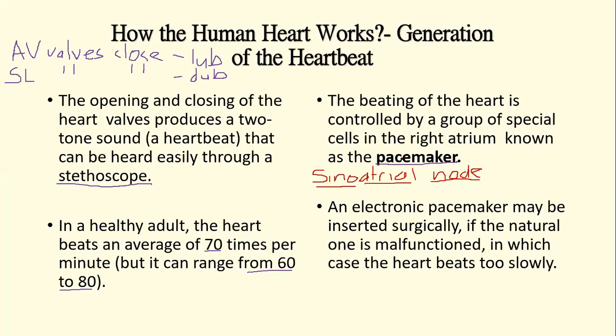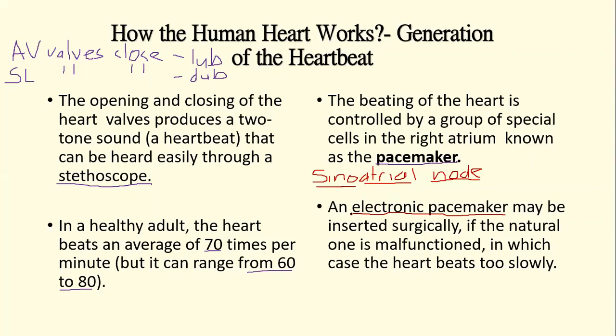Now, in some persons, this pacemaker becomes faulty. It malfunctions, and the person has to undergo surgery to put in an electronic pacemaker. That's what is referred to when persons say they have to put a clock in the heart.